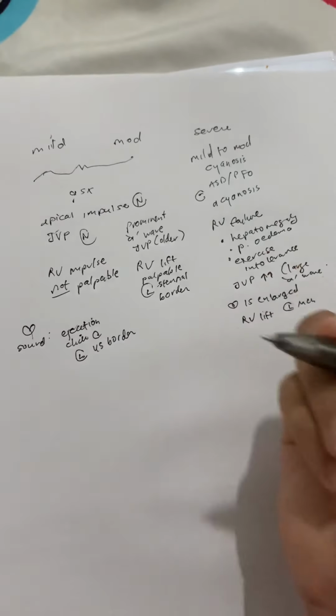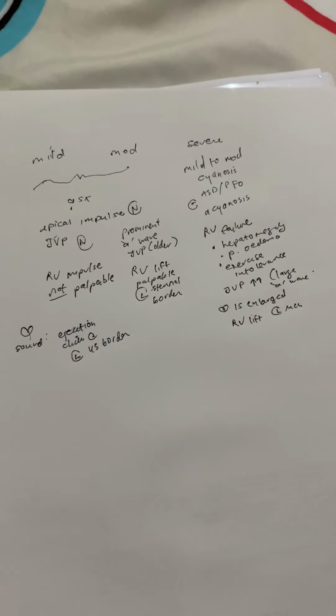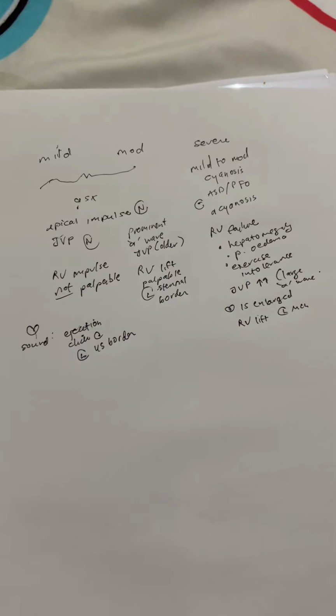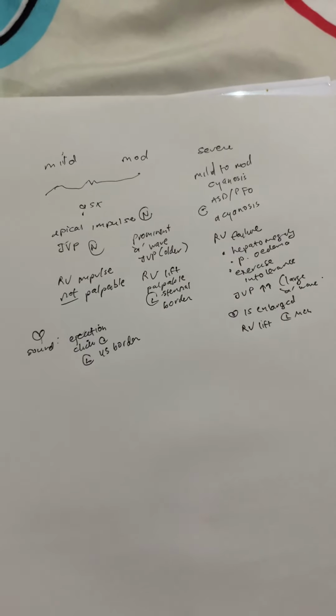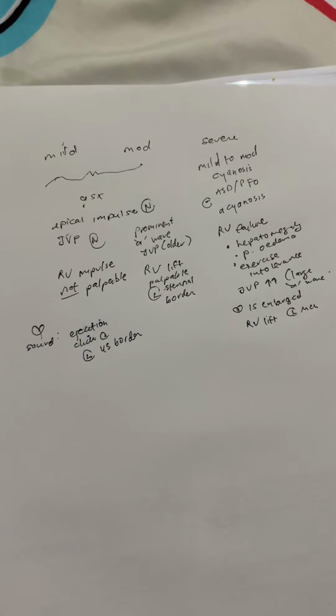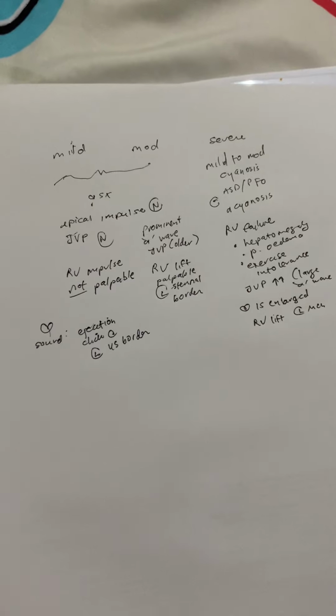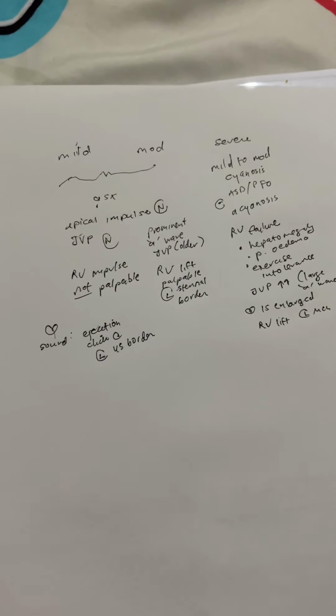This is in mild pulmonary stenosis, and there can be a short, low to medium pitch systolic ejection murmur, which is loudest at the pulmonary area, and this radiates to the bilateral lung fields.